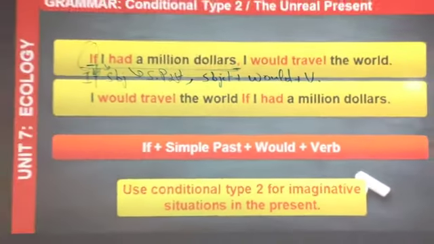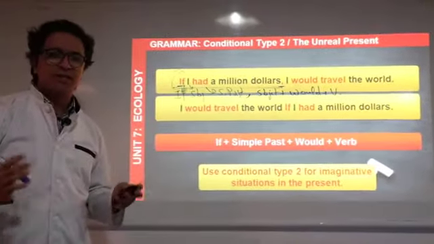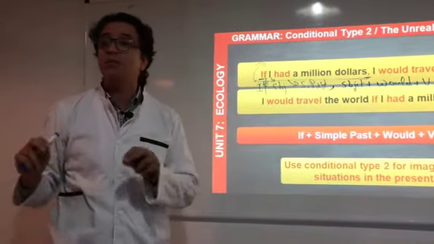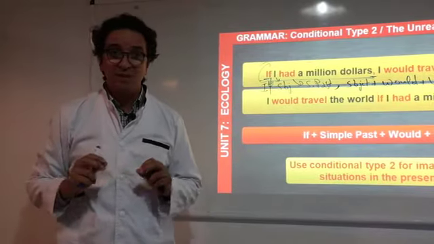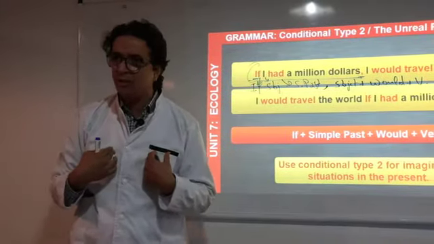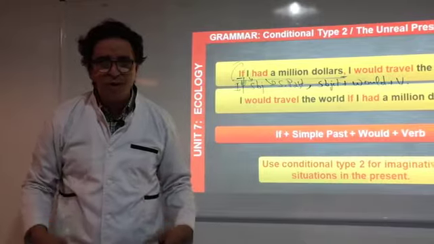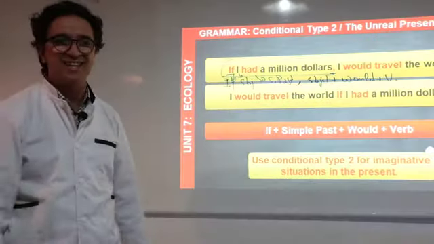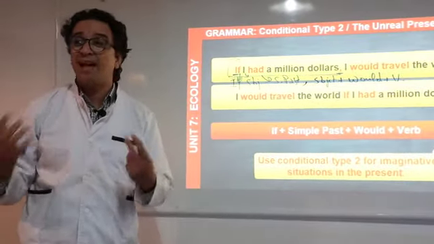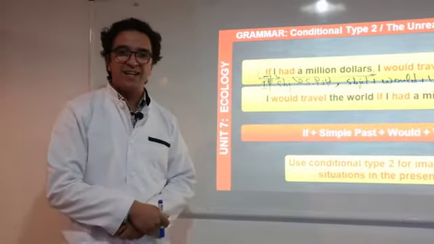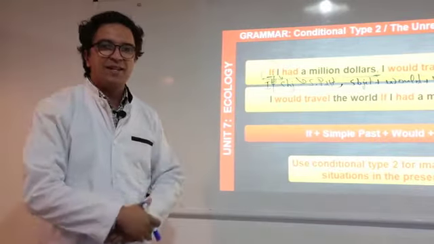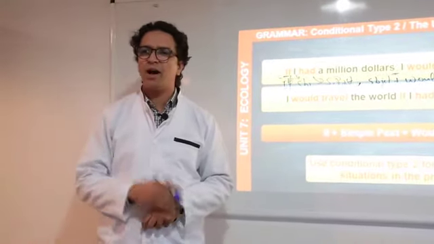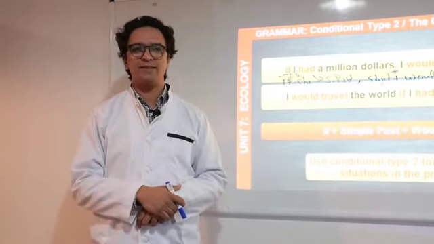Okay, so when do we use conditional type 2? We use it in unreal situations, right? So, do I have $1 million now? No, I'm a very poor teacher. I don't have it. So I just imagine if I had $1 million. Now I am in Morocco. Let's imagine if I were in the US.